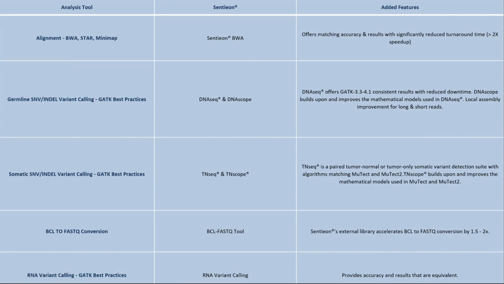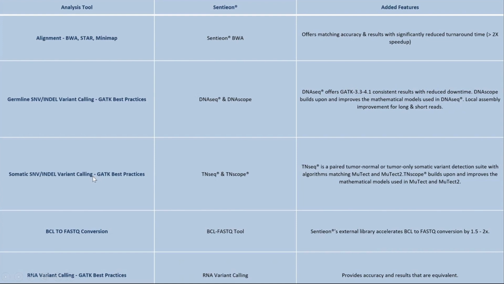Sentieon offers an upgrade to all these without compromising their efficiency and with a significant reduction in the turnaround time. Similarly, for germline variant calling, Sentieon offers DNAseq and DNAscope. So DNAseq can be thought of as an upgraded or equivalent version of GATK, and DNAscope actually builds on and improves the models that were used in DNAseq.